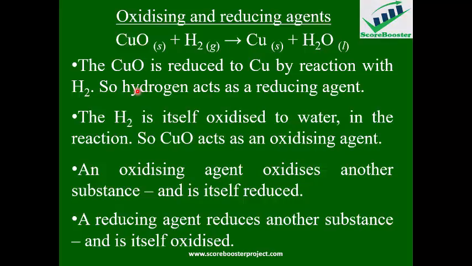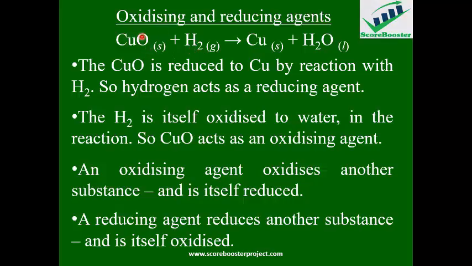Let me repeat myself. We have established before that when there is loss of oxygen, there is reduction. So in this case, copper oxide has been reduced to copper because oxygen has been lost. But what removed the oxygen from it is hydrogen.